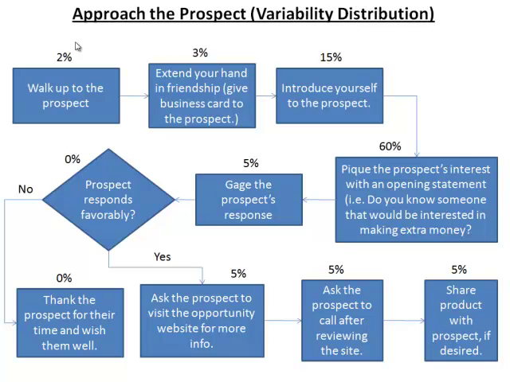If we look at the amount of variability associated with how we perform and conduct the steps in the process, we see that out of all the steps, the team feels that the biggest amount of variability lies in piquing the prospect's interest with an opening statement.